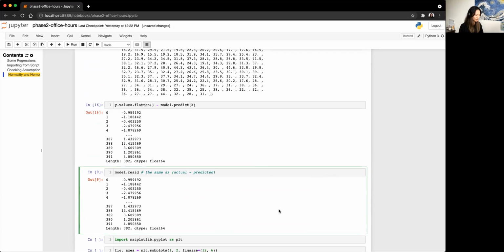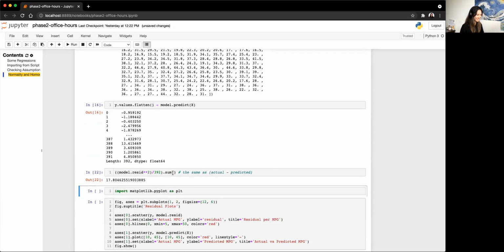So you square the residuals, sum them, divide by 392, and then take the square root. Cool, nice. That is our root mean squared error.